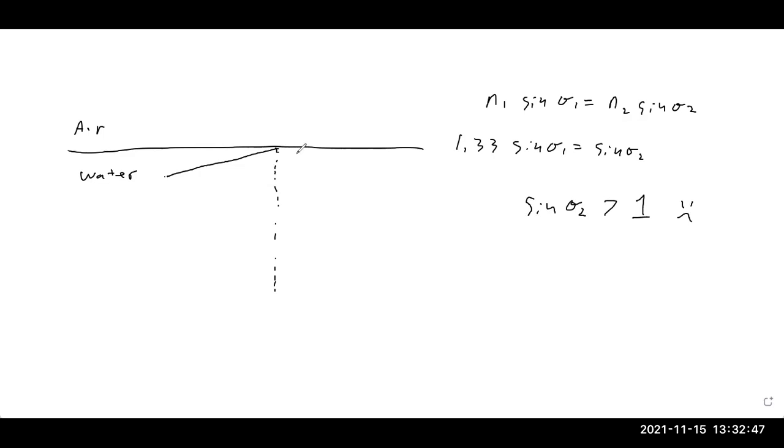So if you are trying to solve this equation, and you end up needing a sine of an angle which is bigger than 1, it just can't do that. So if it can't bend into the other medium, it doesn't. So this consequence of Snell's law is total internal reflection.